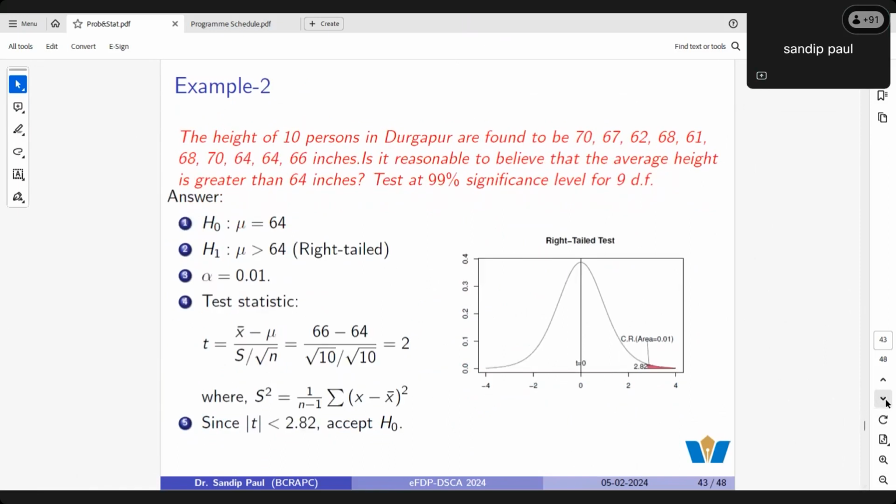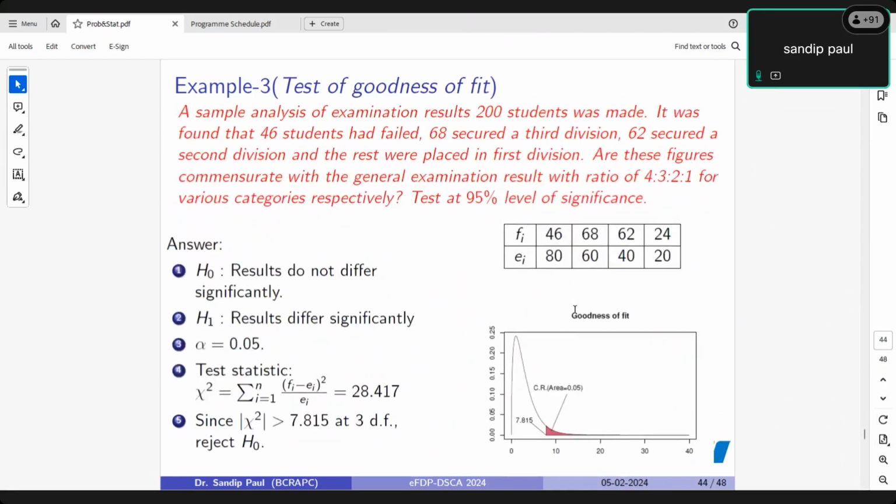Now a similar thing can happen, but here we have considered a problem where the T statistic is used because the population standard deviation was not given, so we have to use some other statistic, and this type of statistic will follow the T distribution with n-1 degrees of freedom. And in the third case, we have considered an example where the chi-square distribution is used.